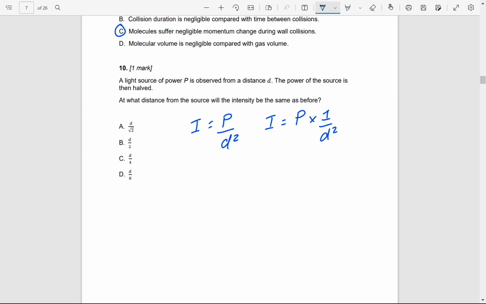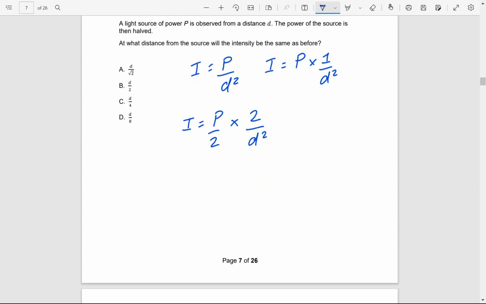And now what we need to do is say, okay, what happens if we halve the P? If we halve the P, that essentially would go to 2 over d squared.